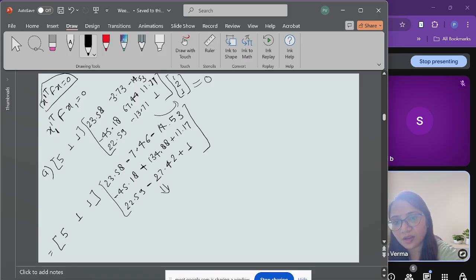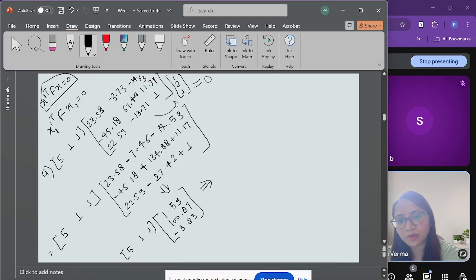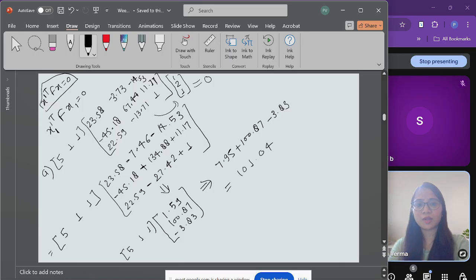Adding and subtracting, you get 1.59, 100.87 and minus 3.83. Again multiply with this matrix: 5 into 1.59 is 7.95, plus 100.87 minus 3.83. That is equal to 101.04. From here we can say that it is not equal to 0, right?